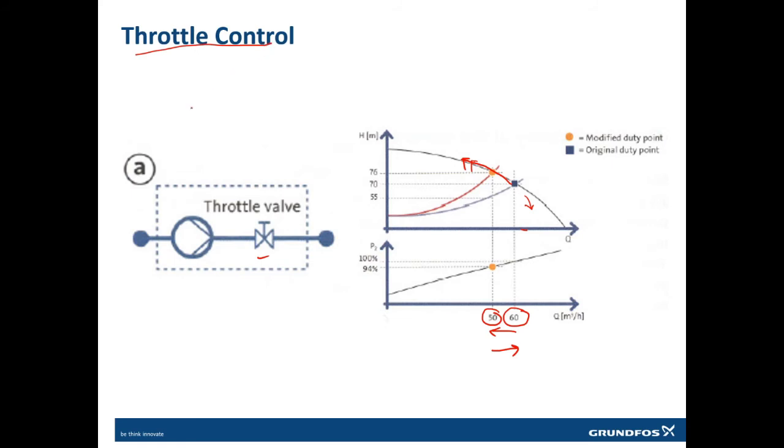If I want to decrease the flow from 60 to 50, it is possible, and it will reduce the power from 100 to 94. So I will be using less power. Earlier I was using 100%, now I am using 6% less power. So this is the first way. Just install a valve after the pump and you adjust the performance of the pump.